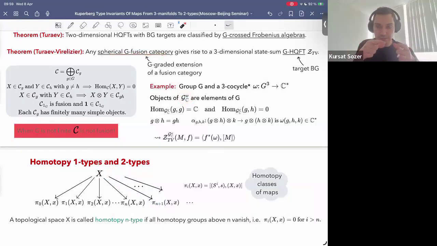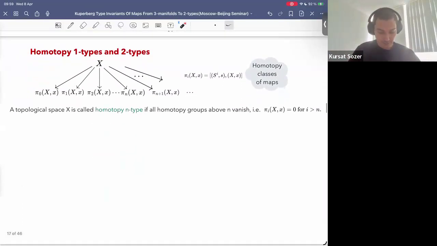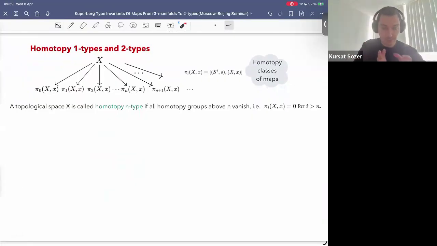In a chosen nice simple category, then we can get this piece of the Dijkgraaf-Witten.